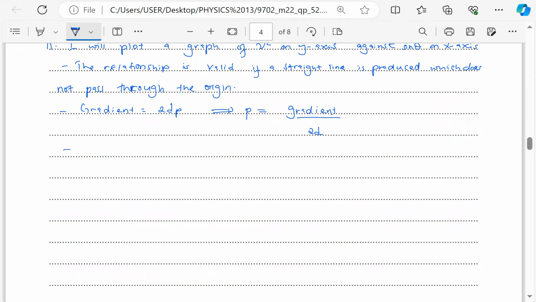We also saw that the y-intercept was equal to negative of 2bq, was it 2bq?